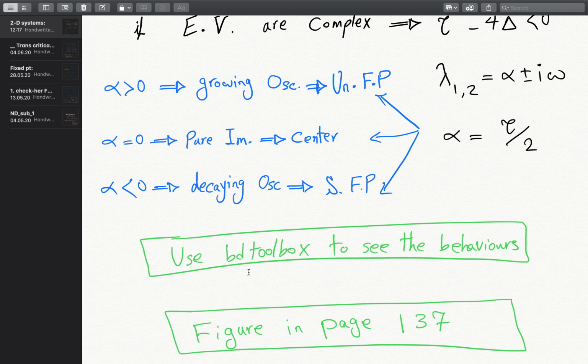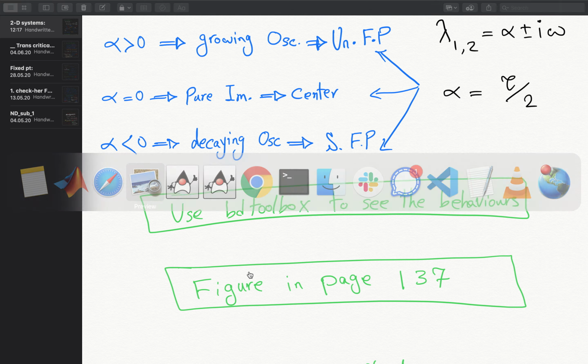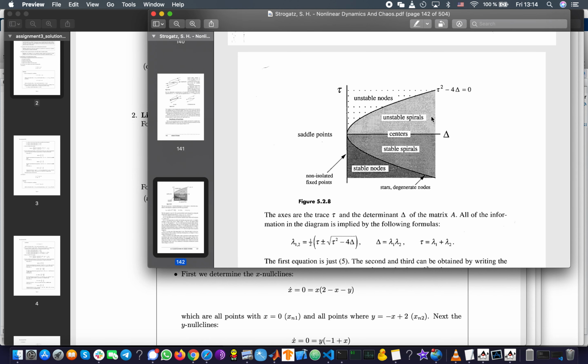So if we want to talk about this, you had a better but similar figure in the lecture by Professor Pipa, which splits the phase plane based on tau and delta.